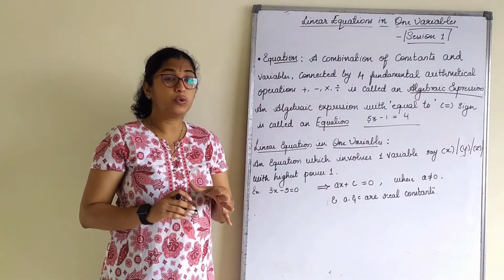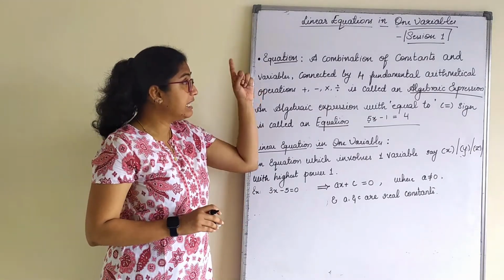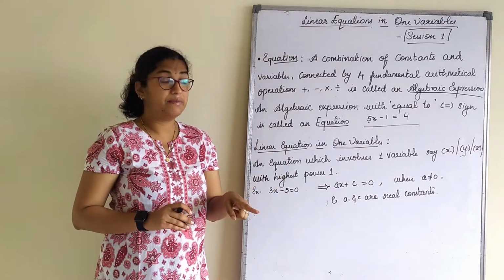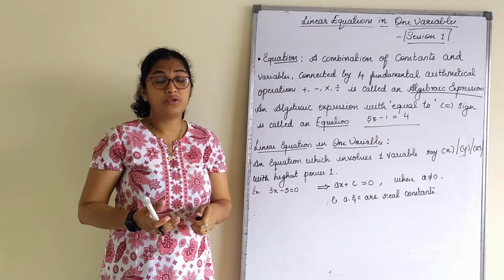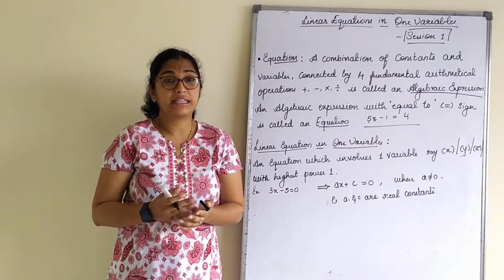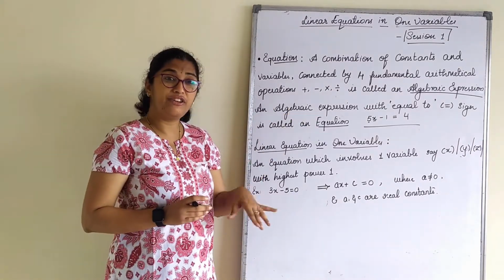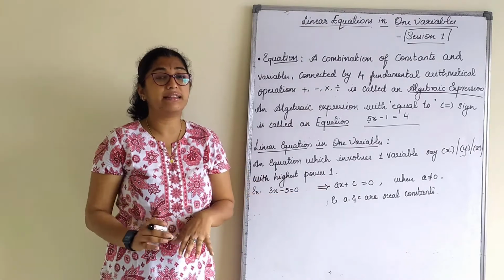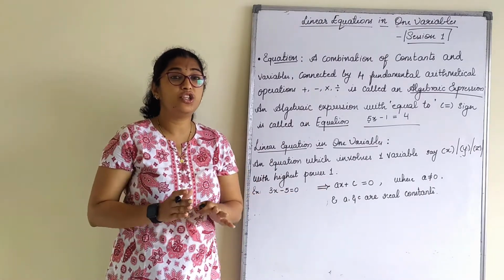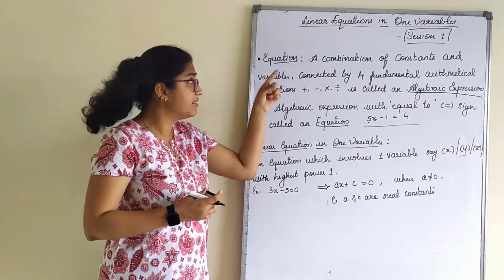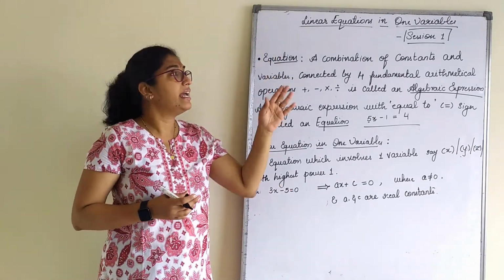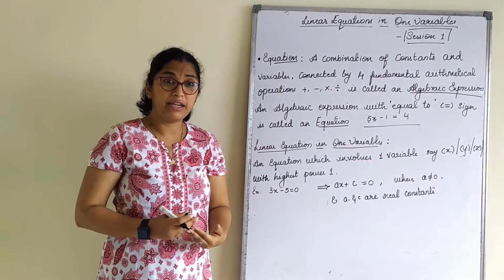Now I want you all to give the chapter name as linear equation in one variable and write down these definitions. Now some students continuously keep asking me, teacher, should we write the definition? Should we write this? Should we write that? I always mention in my class whatever I have written, and I always tell that write down this. So anything written, I always mention it.